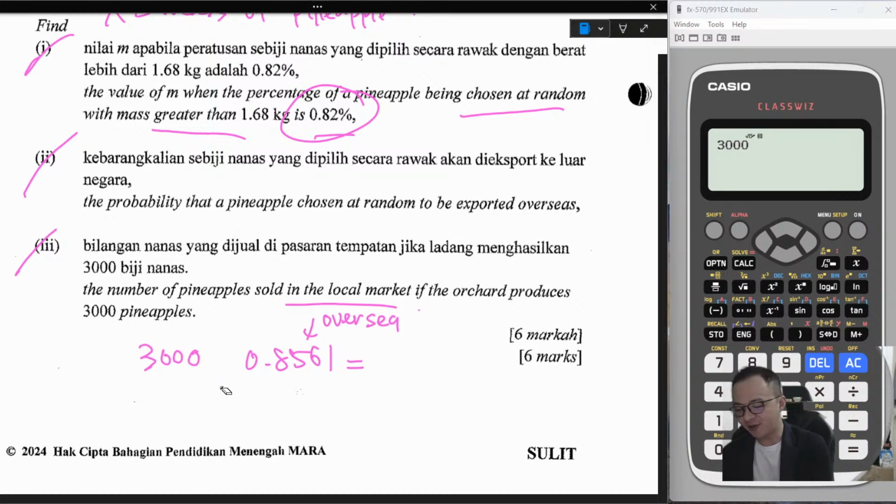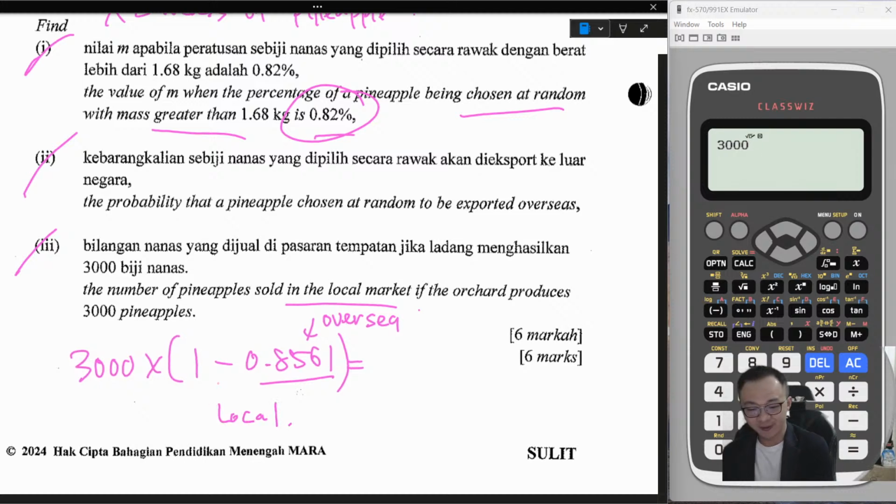Or you want to save yourself some time, you just do 3,000 and then multiply by 1 minus this one. This one is overseas, but after you do 1 minus, you are getting the local one. Multiply 1 minus 0.8561. So they will sell to the local market roughly about 432 pineapples.